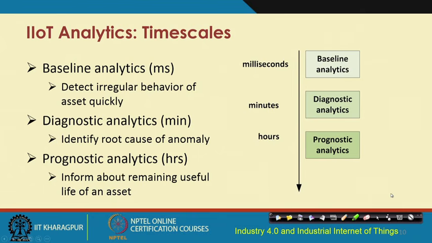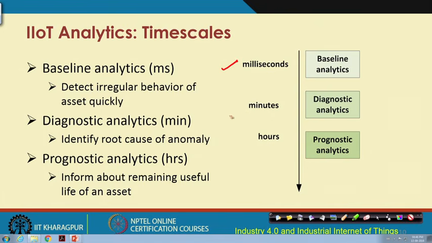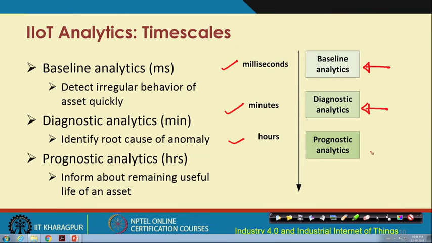In terms of the time scales for analytics, analytics will have to be performed in milliseconds, in minutes, in hours. Milliseconds is baseline analytics, minutes is diagnostic analytics, and hours is prognostic analytics.